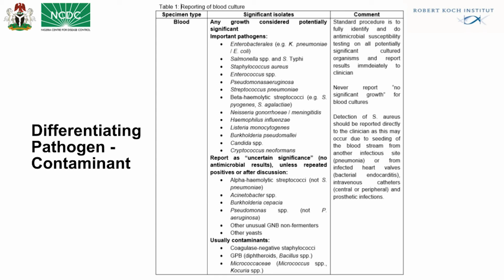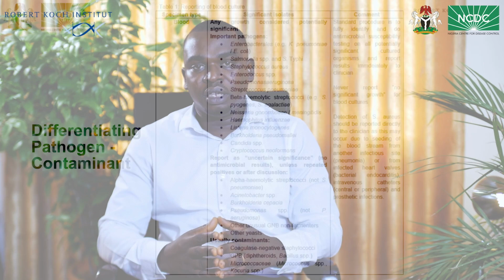And for other classes of organisms, such as the alpha hemolytic streptococci, not including Strep pneumoniae, Acinetobacter species, Burkholderia species, and other yeast, other fungi, you can actually confirm that they are of clinical significance by having a repeat culture, and a repeat positive blood culture shows that they are of clinical significance for that patient.